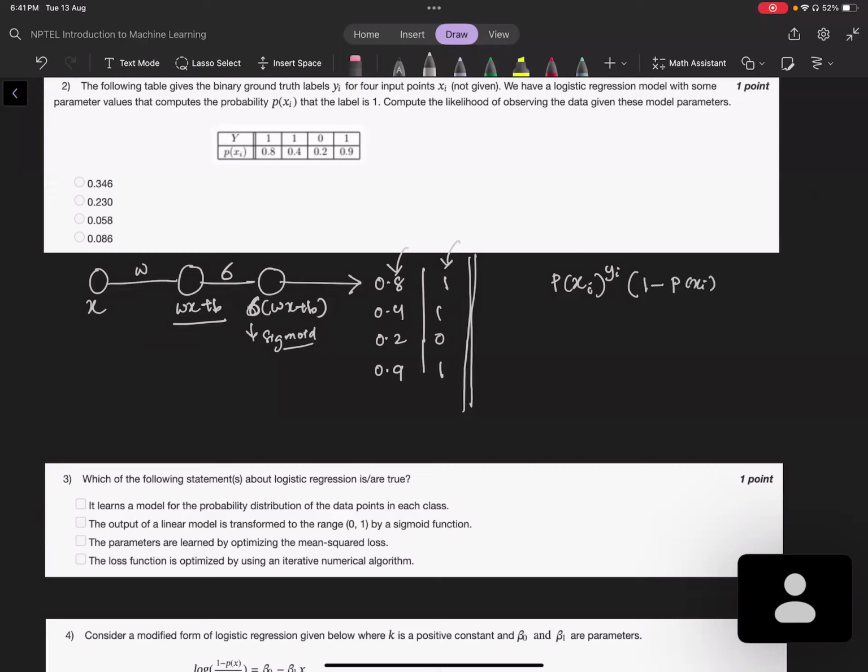P of xi, the probability of success, raised to yi, and then one minus P of xi, the probability of failure, raised to one minus yi. This is for one case.